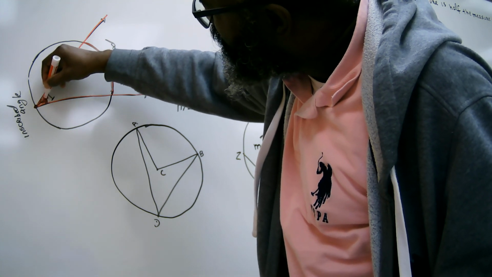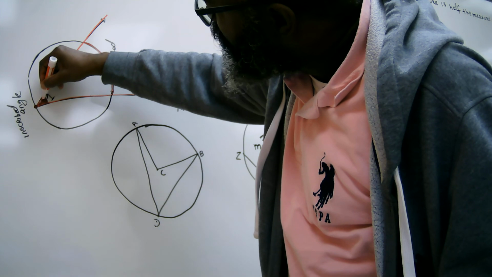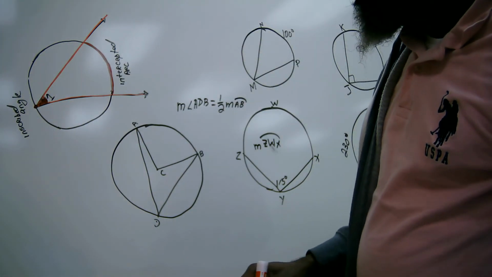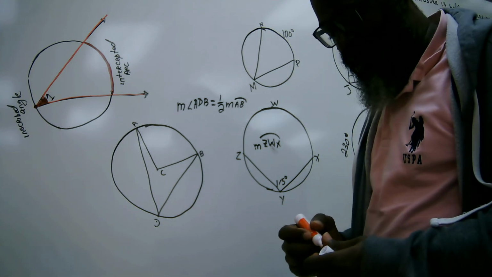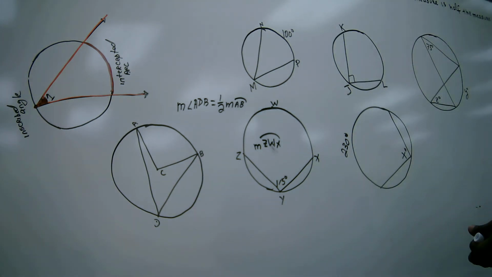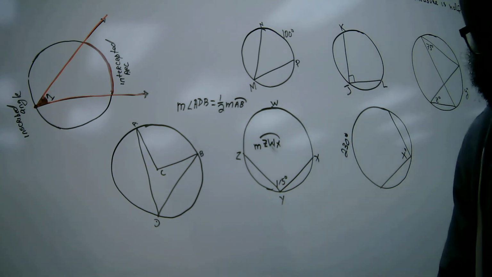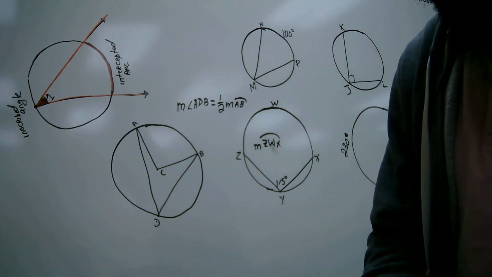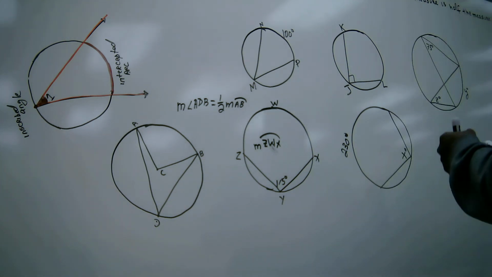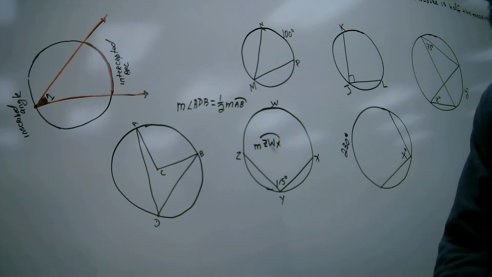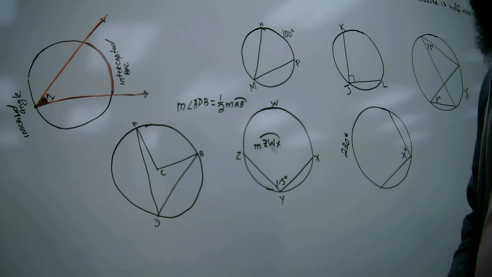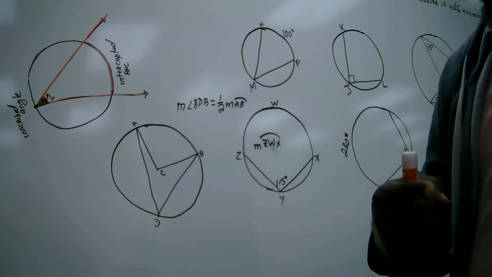There's a special relationship between the inscribed angle and the intercepted arc. It says that if an angle is inscribed in a circle, then its measure is half of its intercepted arc.